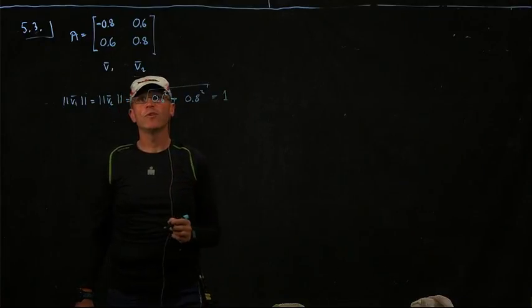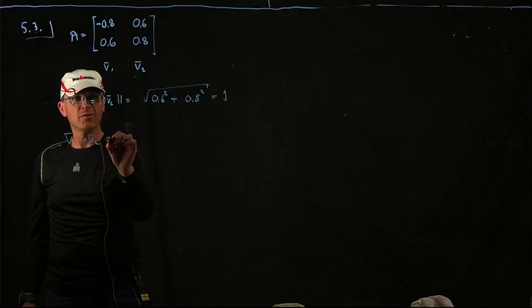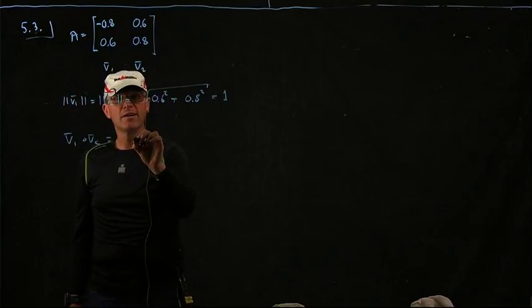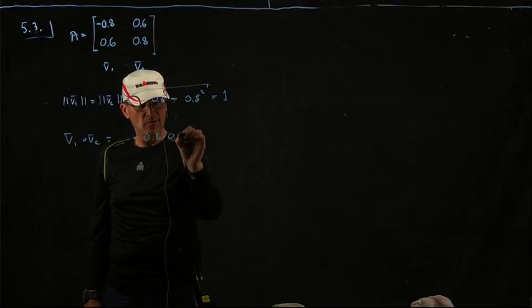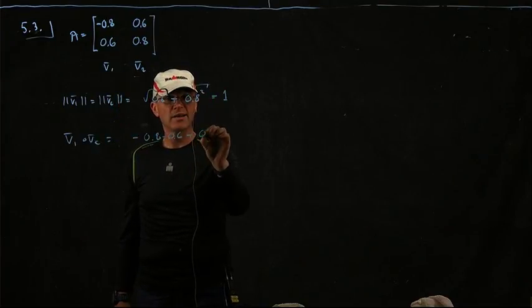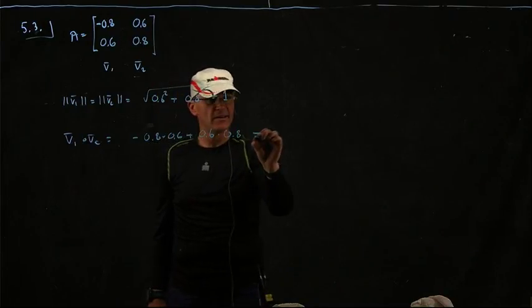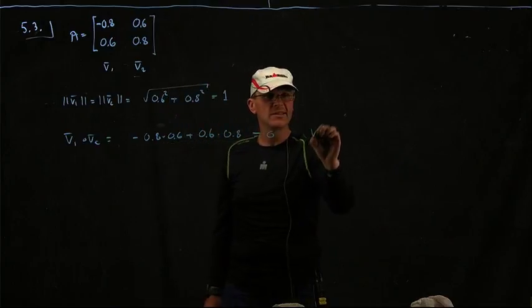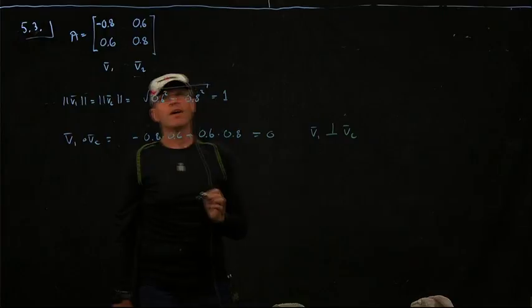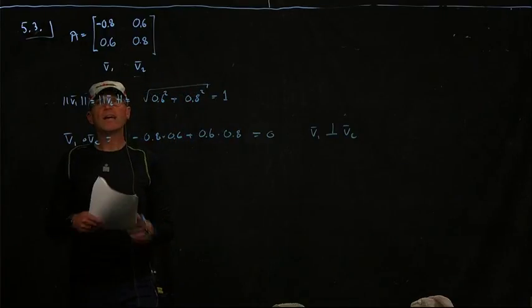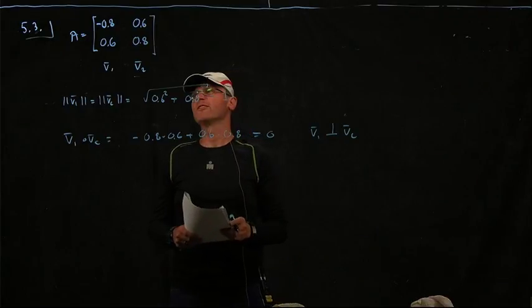Now when we compute the dot product, V1 dotted with V2, we have negative 0.8 times positive 0.6 plus positive 0.6 times positive 0.8, so we get 0. So indeed, we have two vectors that are both length 1 and they're orthogonal, so we have an orthogonal matrix.